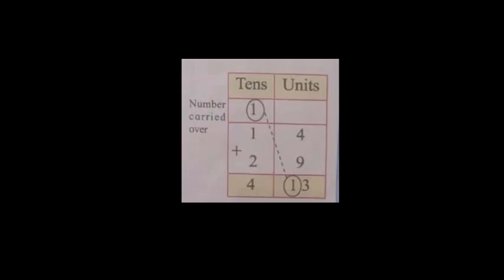After you finish adding in the units place, we have to move on to the tens place. The numbers in the tens place are 1 plus 1 is 2. 2 plus 2 is 4.